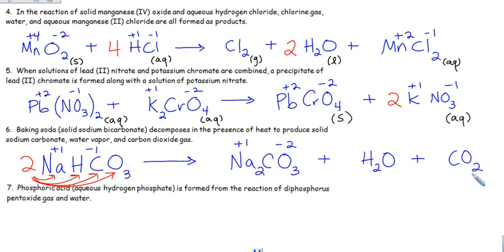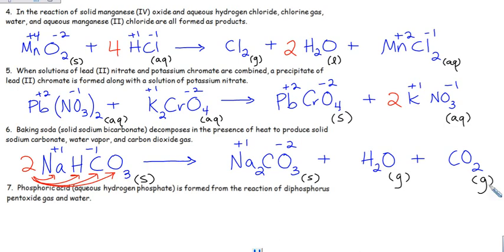It's done. Yes. Last thing we do, phase symbols. We have a solid. It decomposes to produce another solid, sodium carbonate. Water vapor, now I would put this in as a gas, and the carbon dioxide is a gas. There. Not so bad.